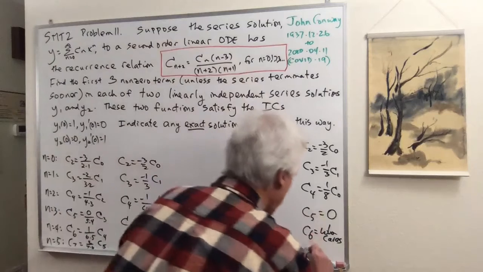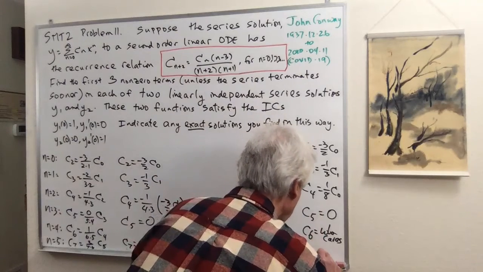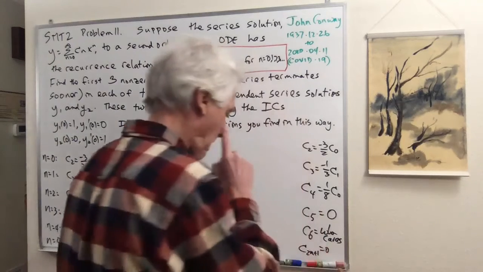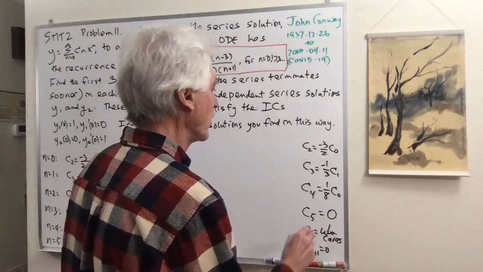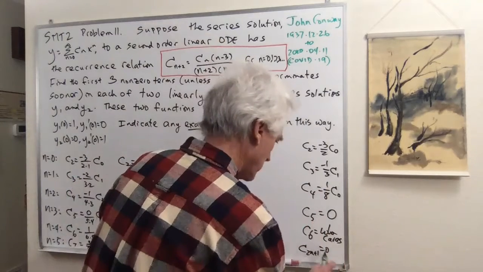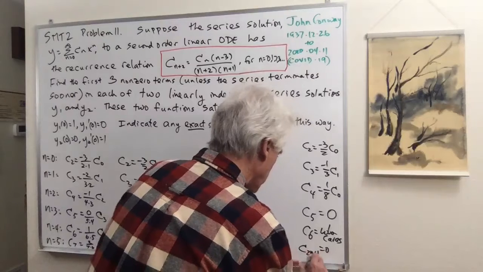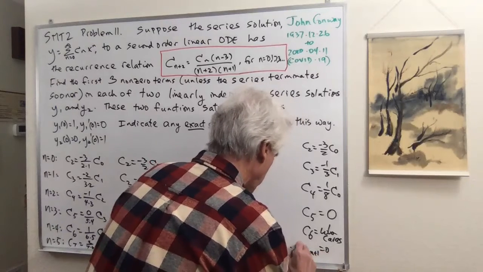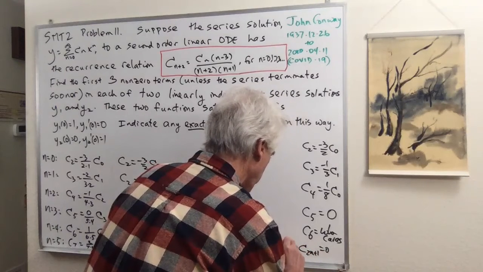Okay, let's write that down. C sub 2n plus 1 equals 0, as long as n is at least, what? When n is 2, I get 5, for n an integer greater than or equal to 2.